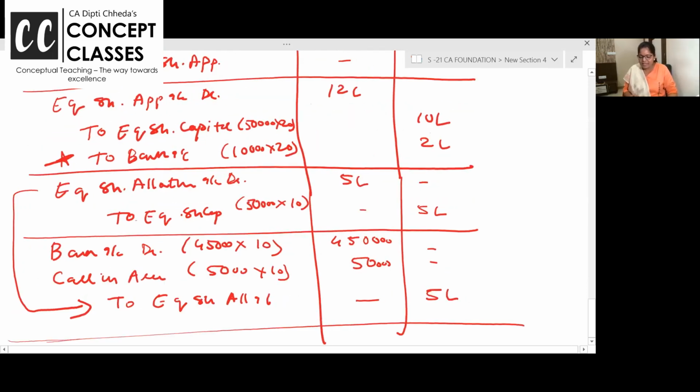Is there any other way for this? The answer is yes, there is. There is a way out which says that instead of refunding the money, if you have done pro rata allotment, then you can adjust those same applicants' extra money in their dues, first call and all the call dues. Okay? Right.